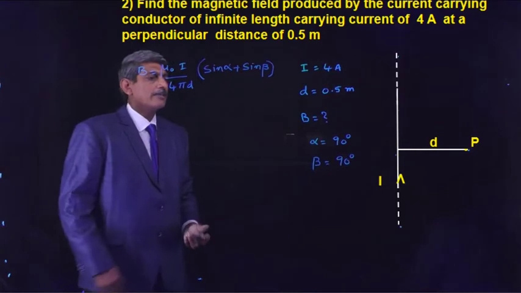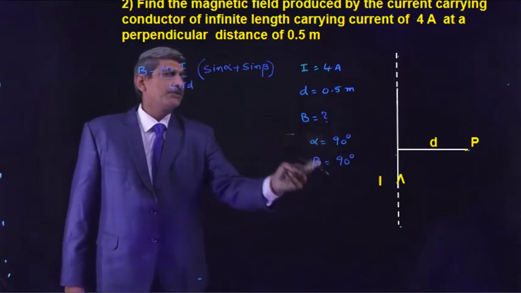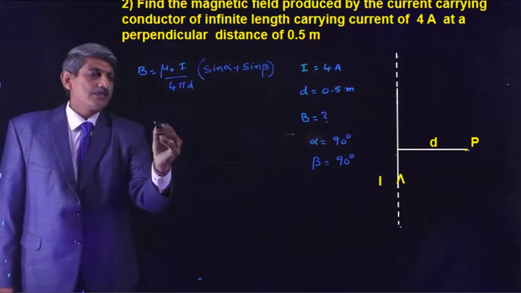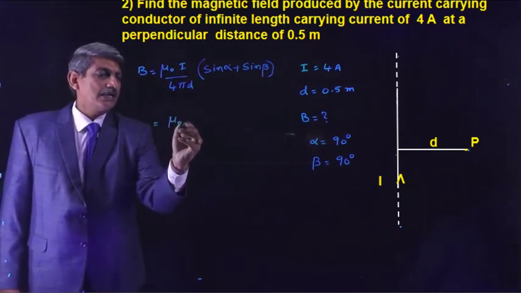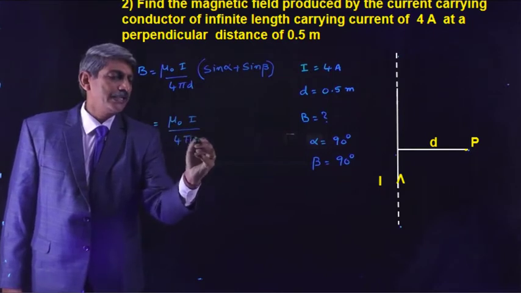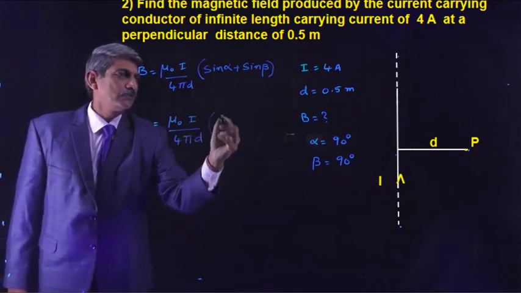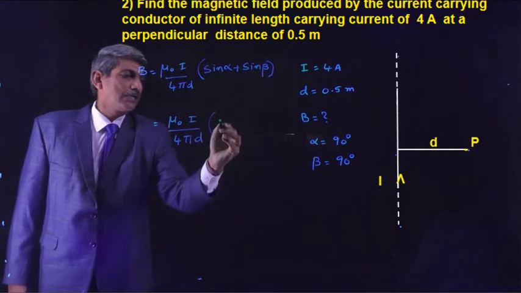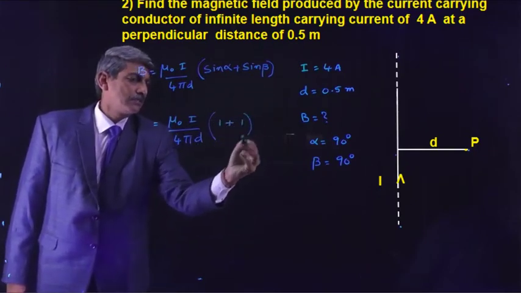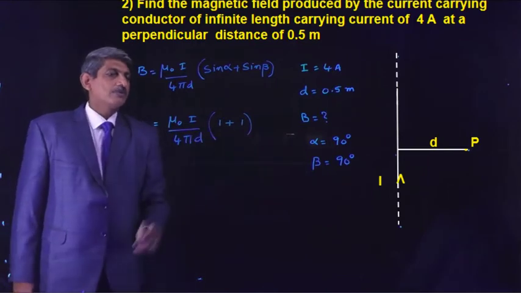Now by substituting alpha is equal to beta is equal to 90 degrees in this equation, we have B is equal to mu naught I divided by 4 pi d into sin 90 is equal to 1 plus again sin 90 is equal to 1. So this 1 plus 1 is equal to 2.